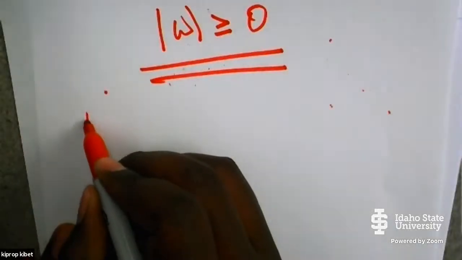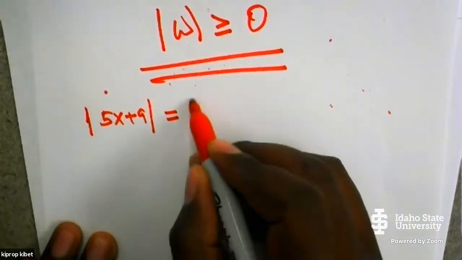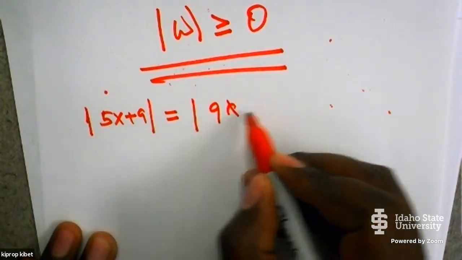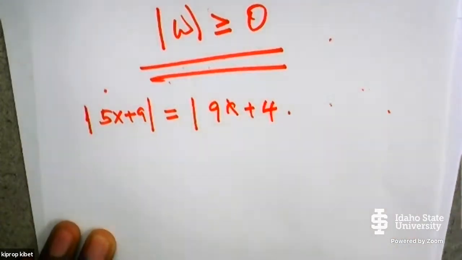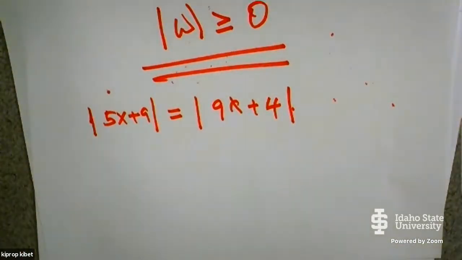Another example. The absolute value of 5x plus 9 equals to the absolute value of 9x plus 4. How should we solve that? Here we have two solutions again.